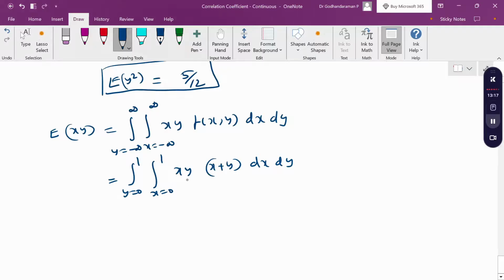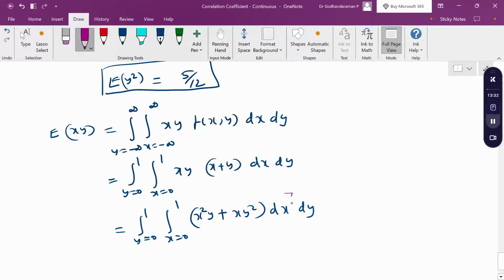Now multiply inside: y from 0 to 1, x from 0 to 1, x square y plus x y square dx dy. Now first integrate the x term.